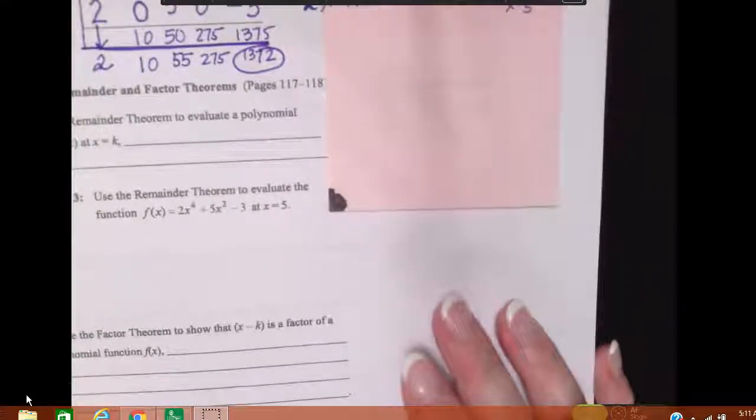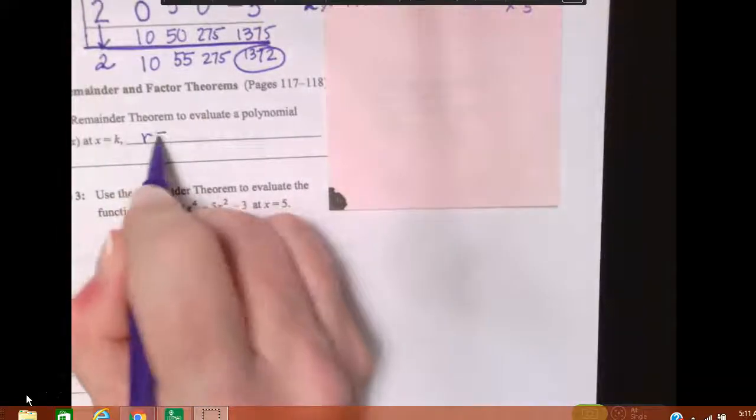synthetic division problem. So now let's talk about the remainder. To use the remainder theorem to evaluate a polynomial function f of x at x equals k, then the remainder is r equals f of k. Okay, so what does that mean? We're going to take our function.